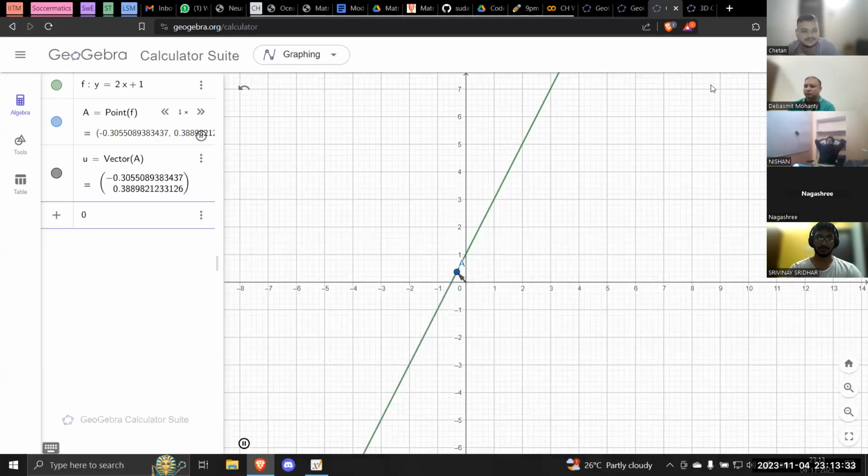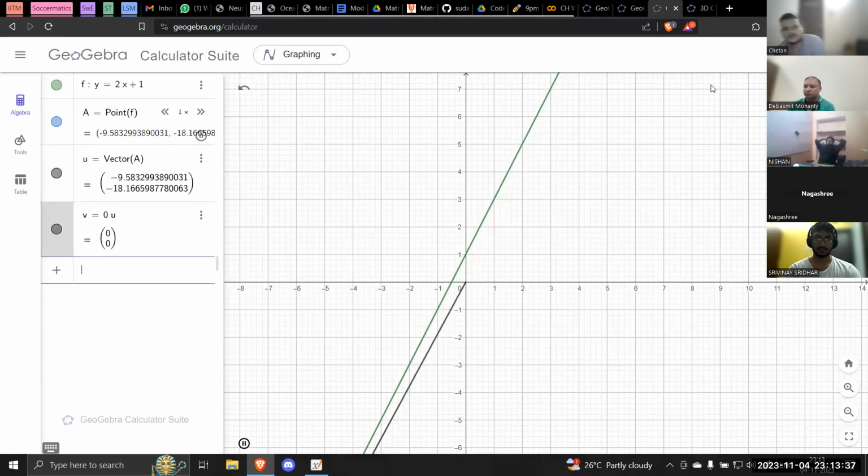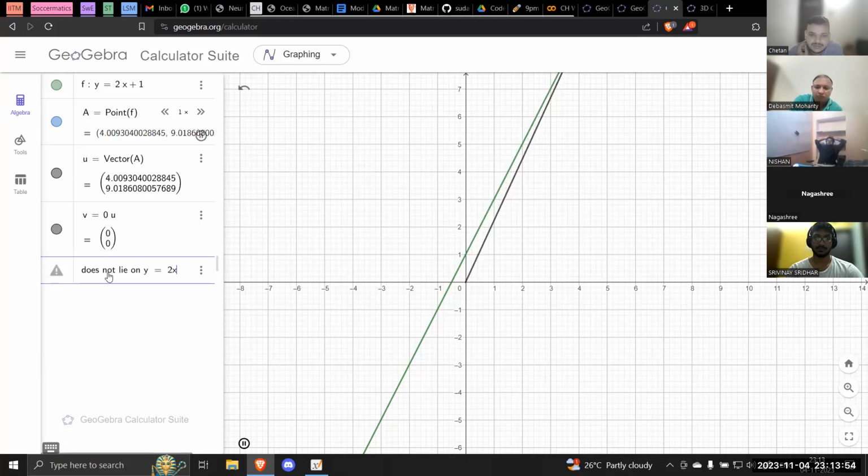That was what was nice about them. So if you do 0 times u, it gives you (0, 0). But does that lie on this line? It does not. So we cannot call it a subspace.